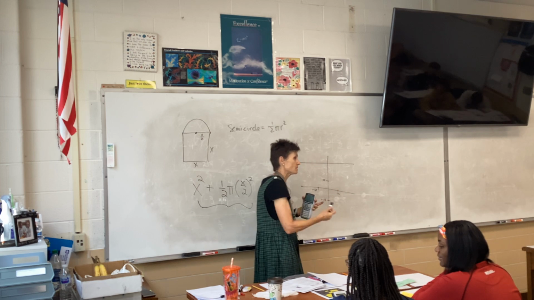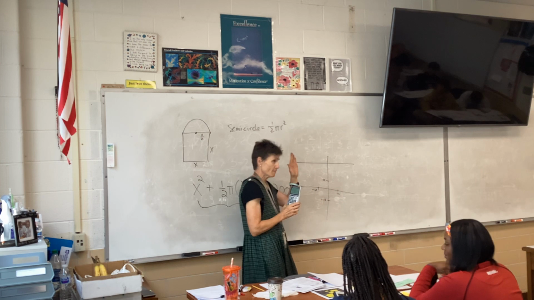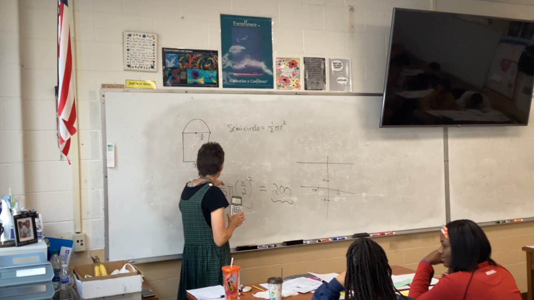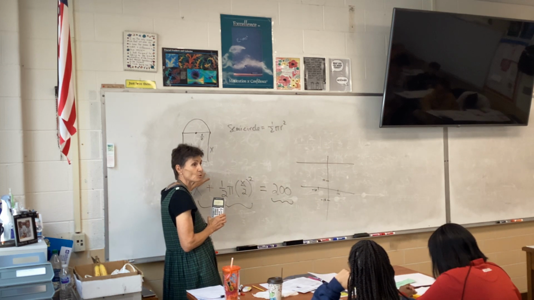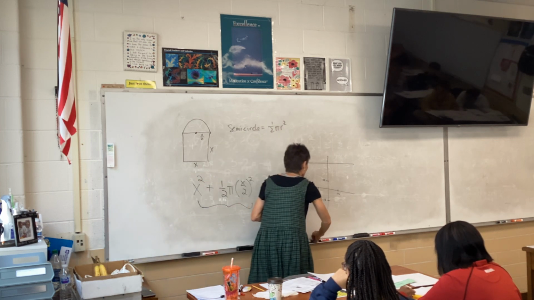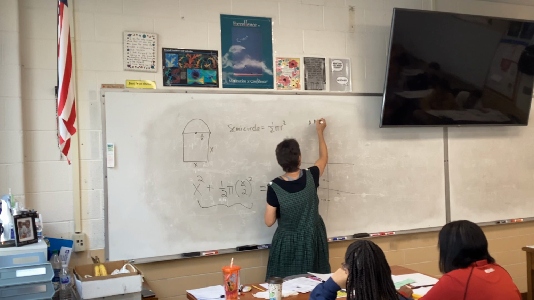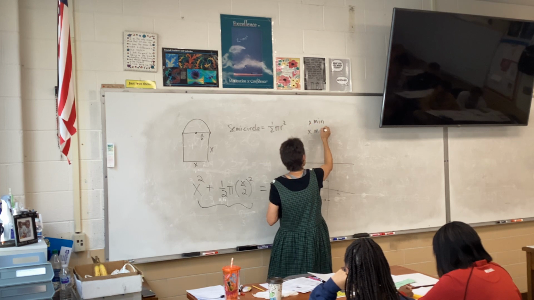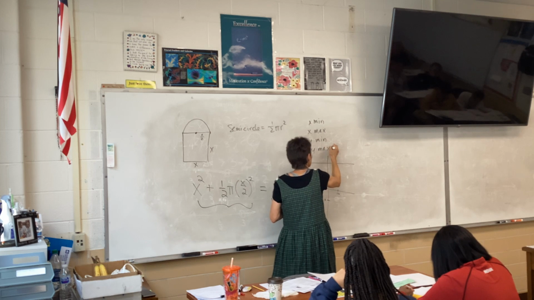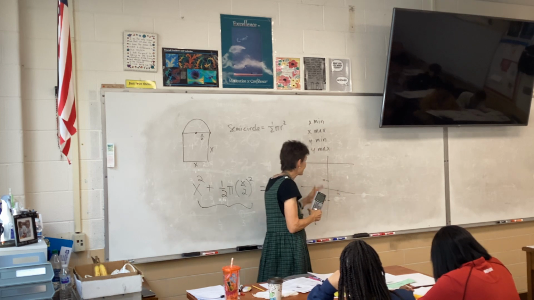So let's change that. First of all, x is going to be a positive number. Would you agree with me? So in my window, and when I say window, I mean x min, x max, y min, y max, which we are currently using as tens.